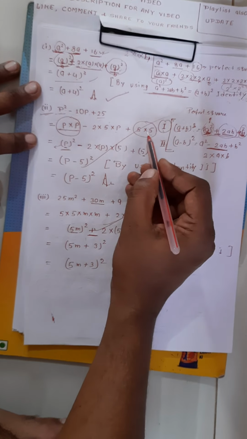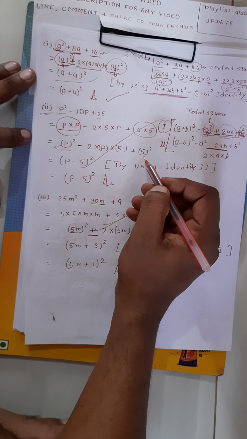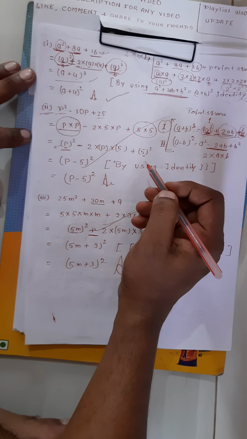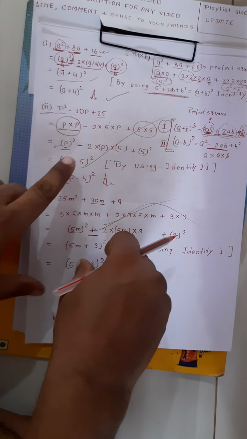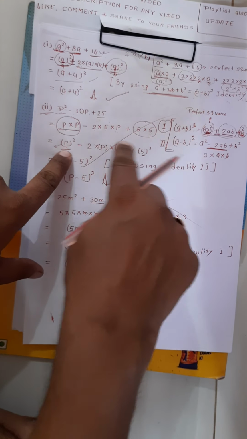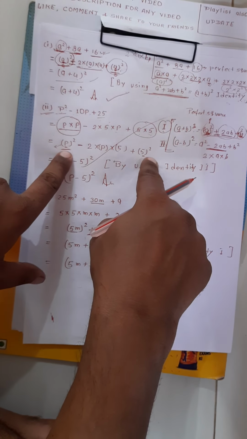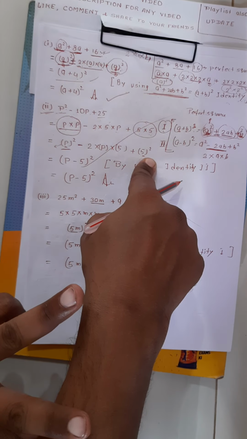For the third term we see that there is 5 into 5, that means we can easily make it the square of 5, so it is a perfect square. Now p is a perfect square and 5 is a perfect square, that means we have got two perfect square terms. So our first condition has been fulfilled.